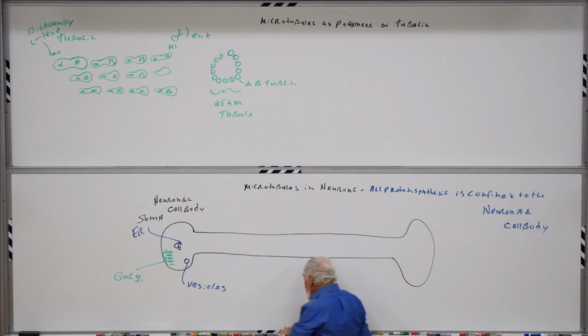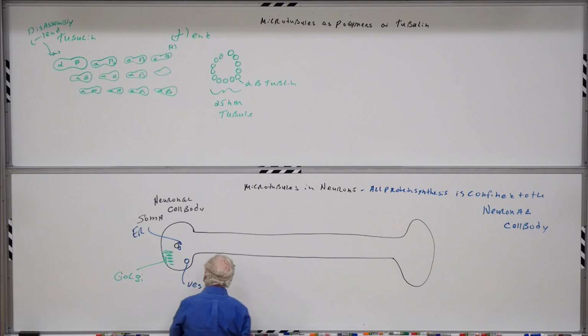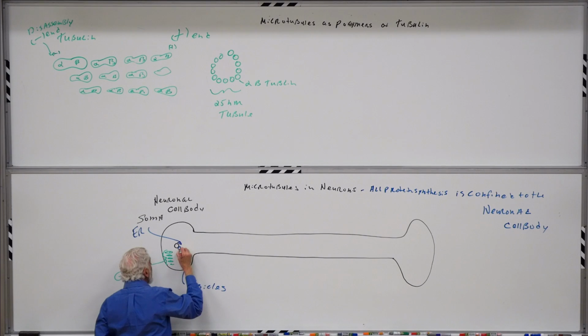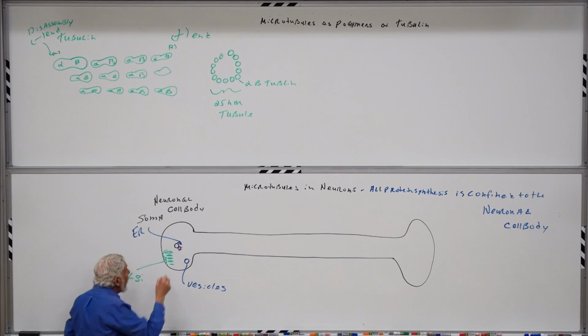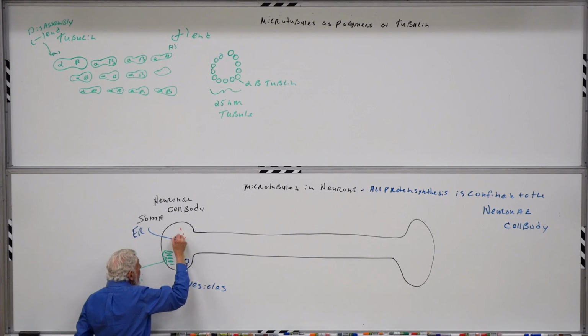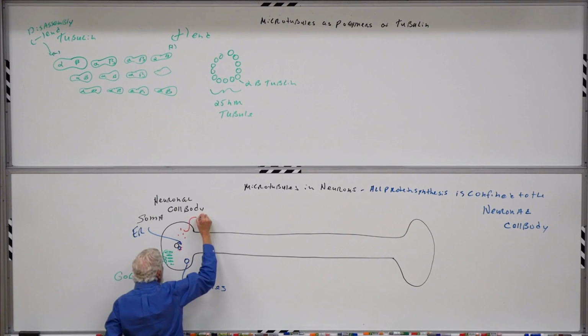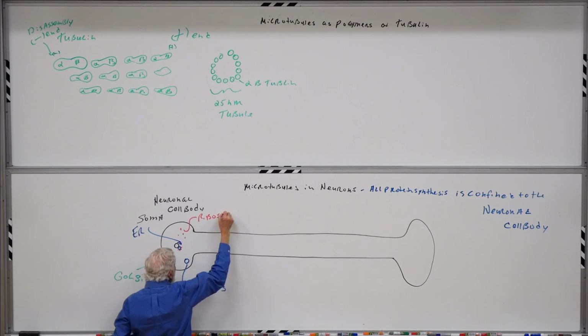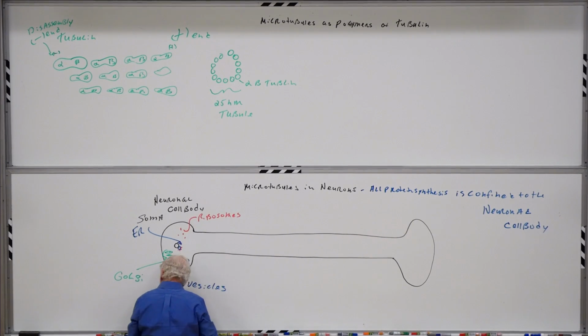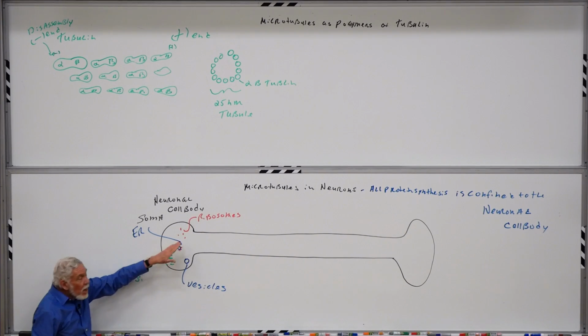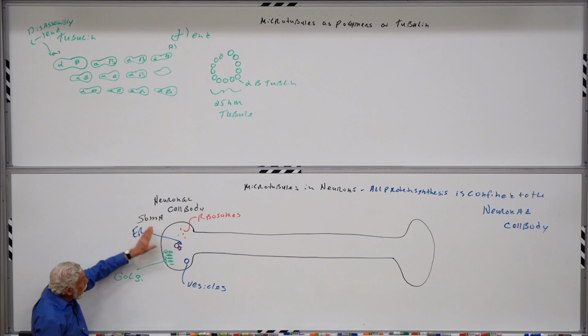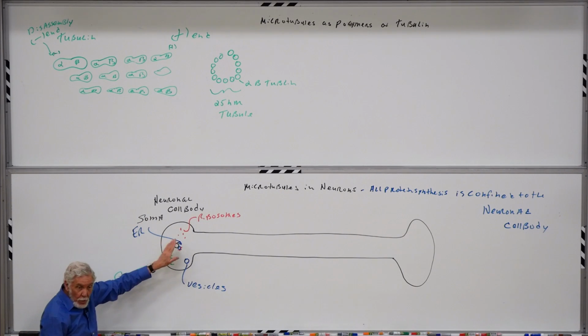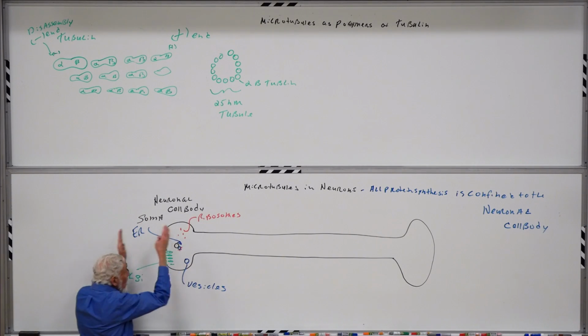So that when we look at the position of the ribosomes, some ribosomes are attached to the ER, as roughly are, and some are out here in the cytoplasm. But whether we're describing free ribosomes or rough endoplasmic reticulum, those that are attached to the ER, those are always confined to the cell body.